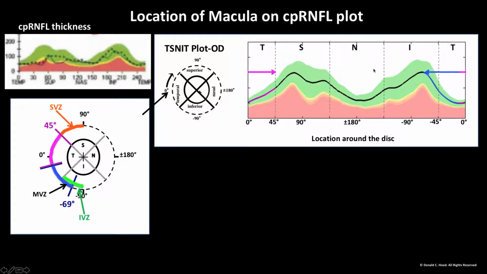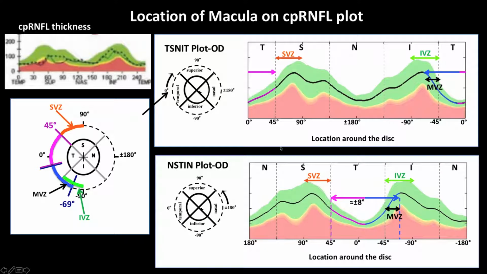On this plot, the macula is split. This would be the upper macula, which is partially over here as well, by the way, and this is the inferior macula, superior macula, inferior macula.